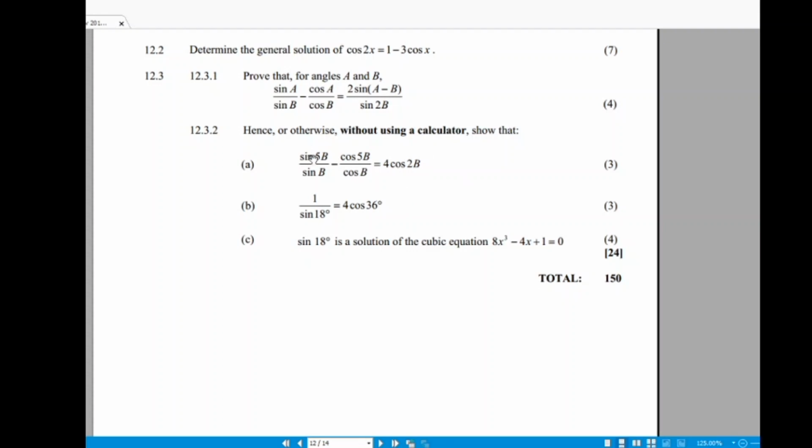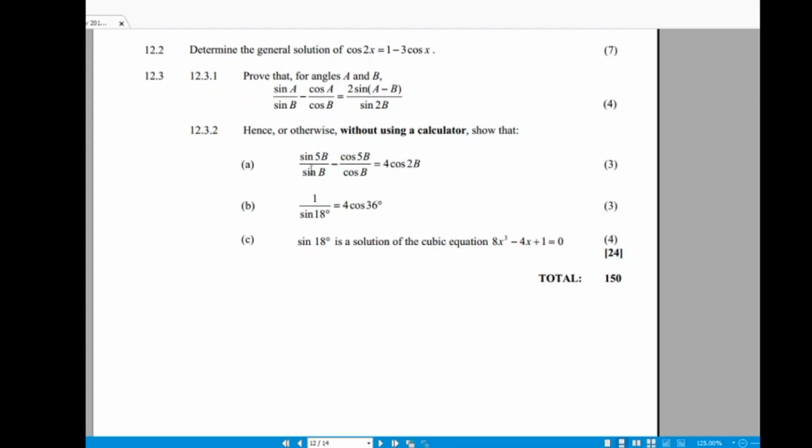Notice the left hand side of question A is similar to the left hand side of 12.3.1. So if you take the hence approach and use this equation here to sort of replicate 12.3.1 in question A, the left hand side of 12.3.1 is similar to the left hand side of this equation.